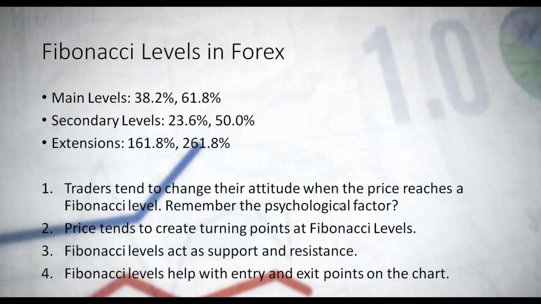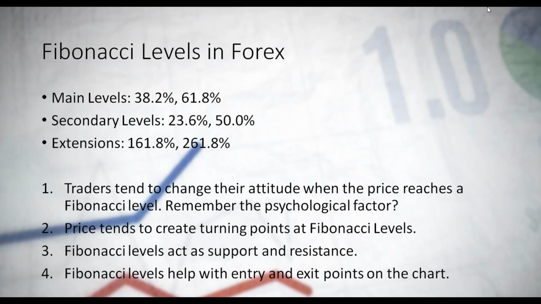I encourage you to remember the psychological factor we discussed in the previous slides. If you measure, for example, a bullish trend line, very often you will see that after the reversal and the finish of the bullish trend, the price will reach 61.8% of the previous trend and could create another turning point and another increase.